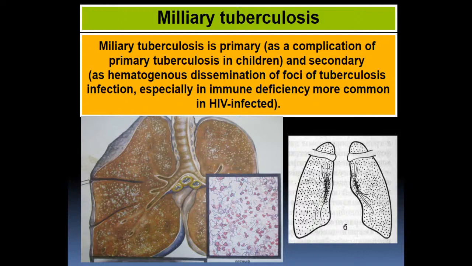It is a result of endogenous reactivation of old changes inside the organism. More often it can form after primary TB, tuberculosis of intrathoracic lymph nodes, and primary tuberculosis complex.